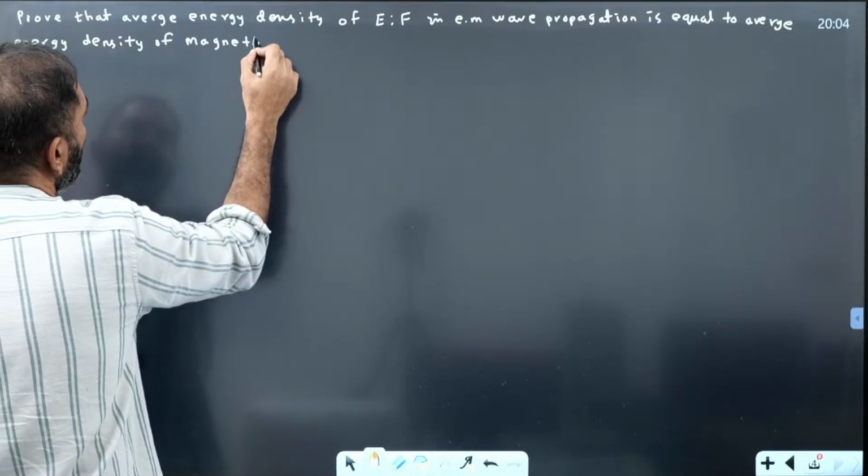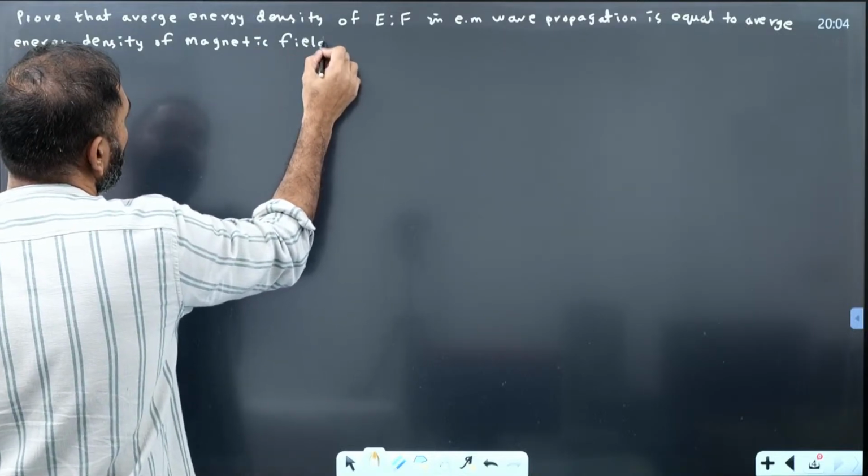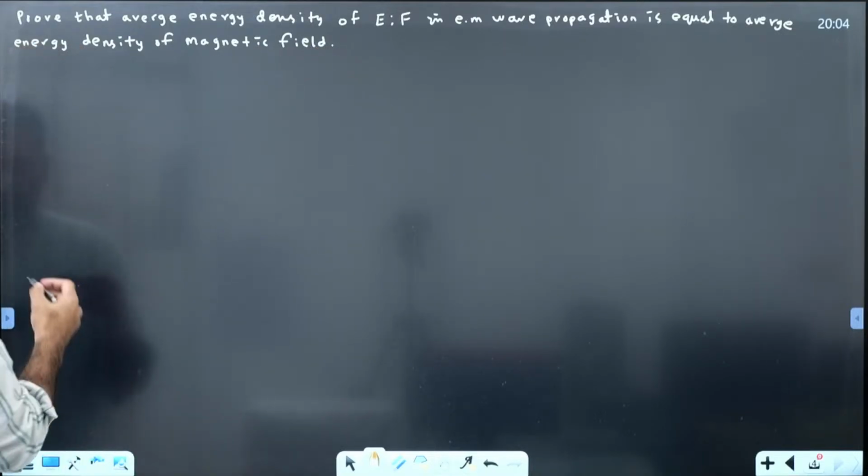Average energy density of electric field is equal to average energy density of magnetic field. We have to prove that.